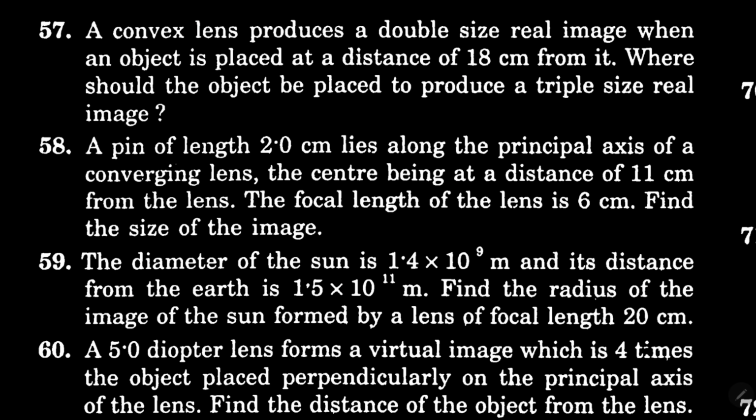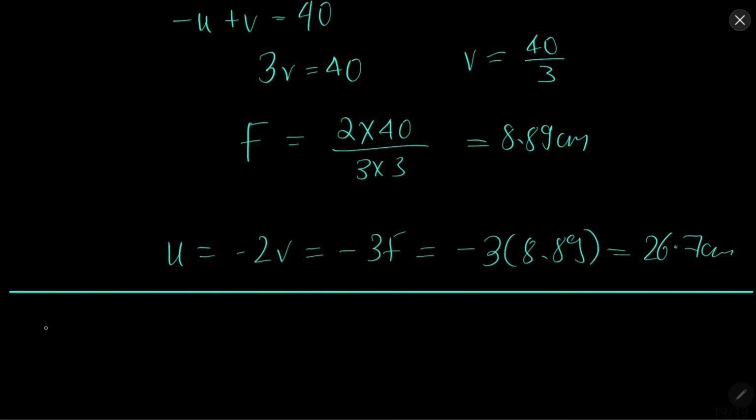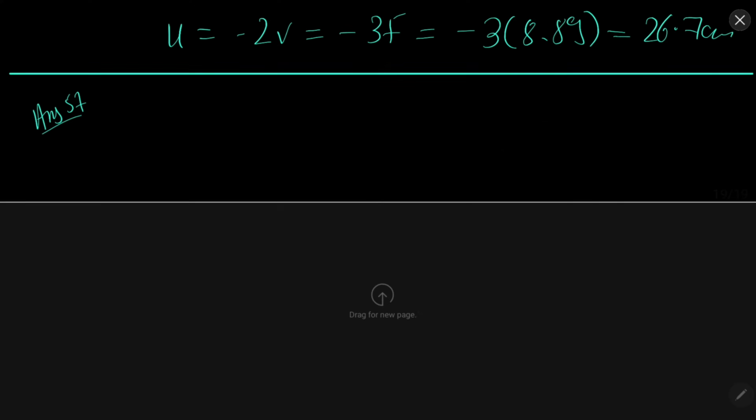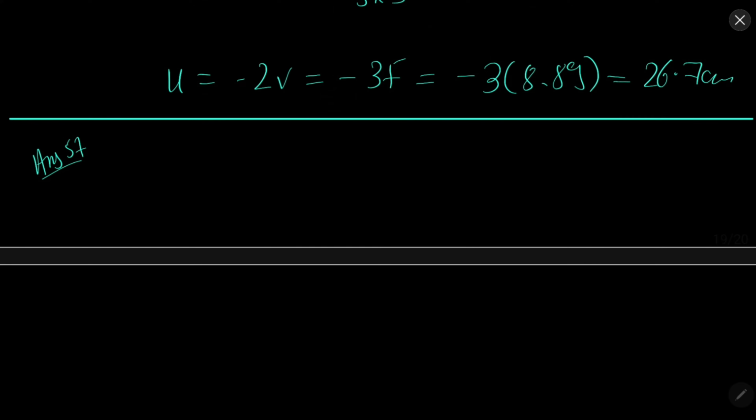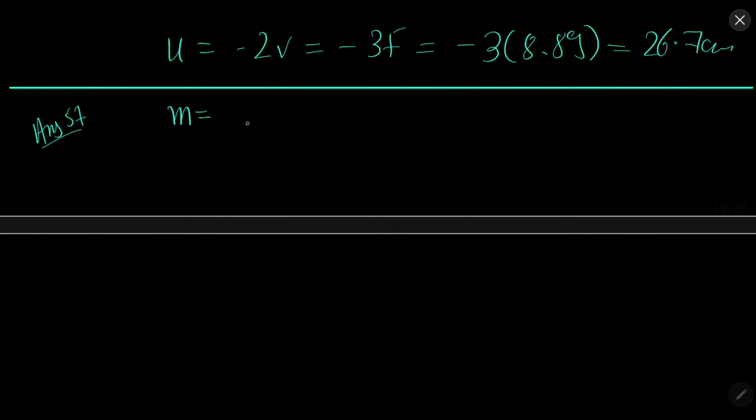In question 57, a convex lens is given. Where should the object be placed to produce triple size real image? Solution 57. So magnification is -2, real and inverted.